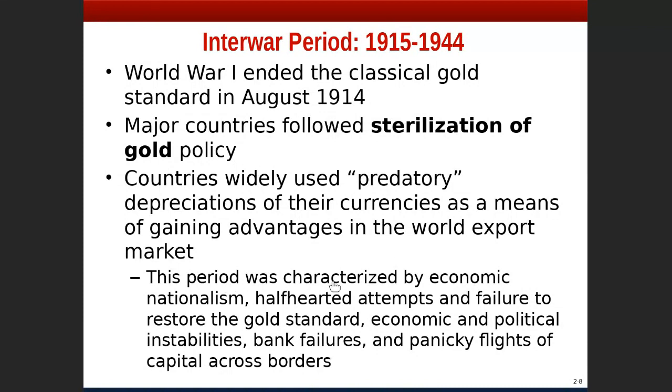This period was characterized by economic nationalism, half-hearted attempts and failure to restore the gold standard, economic and political instabilities, bank failures, and panicky flights of capital across national borders.